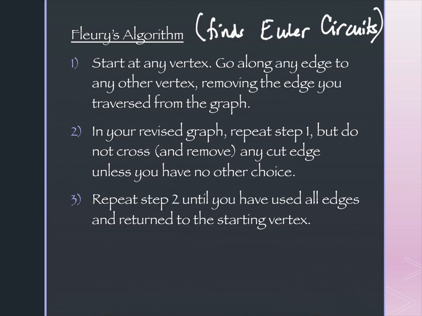Okay, so in general, Euler circuits are not unique. Okay? And that kind of should make sense with the way that this was just described. You get to start anywhere and you get to go anywhere with one tiny little restriction. I mean, just don't cross anything that disconnects the graph unless you have to. Okay, so the idea that there's going to be more than one answer should feel reasonable.